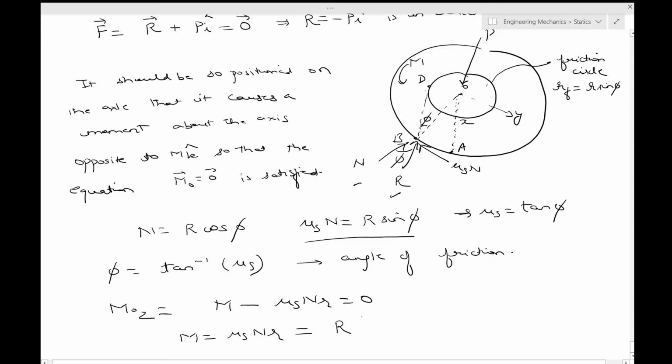So this is written as r into R sin phi, and this becomes equal to P r sin phi, sorry. We are only taking the magnitudes over here. So with that we can write 4.11.